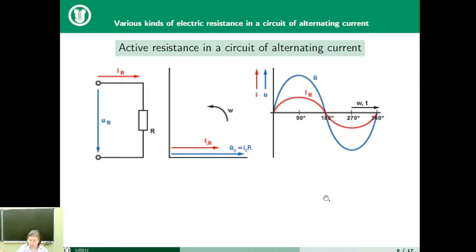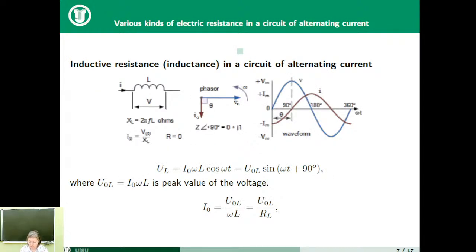And then we can see inductive resistance or inductance in a circuit of alternating current. Let's consider a case where the circuit contains only a coil of inductance with a small resistance and significant inductance, which we note as L, a big letter.